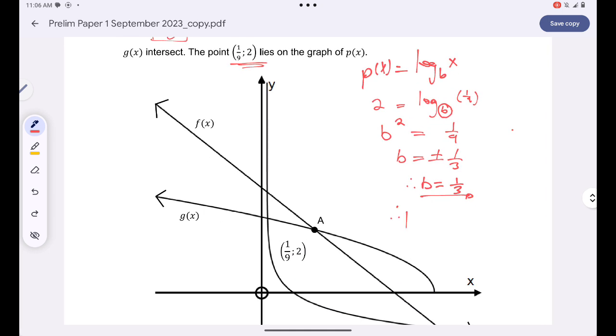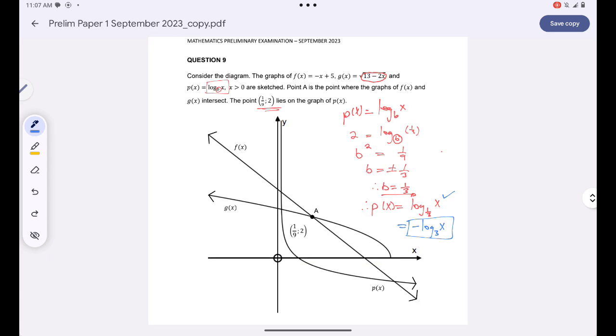And therefore, p of x is equal to the log of x base 1 over 3. Others, guys, may prefer to write this equation like this: negative log of x base 3. You can write it like this or like this. It's still okay.